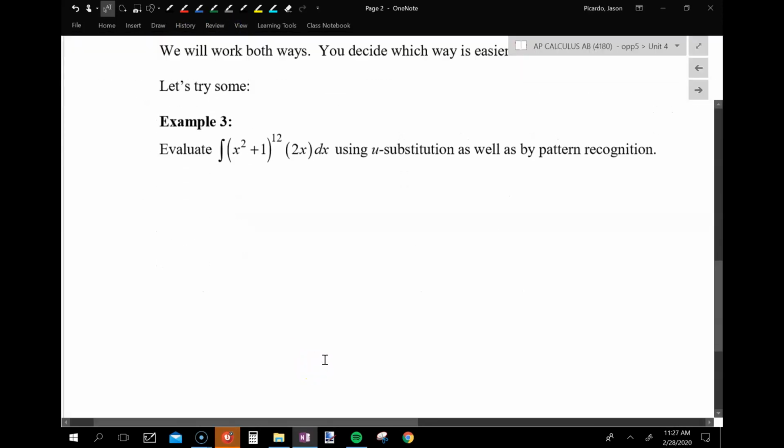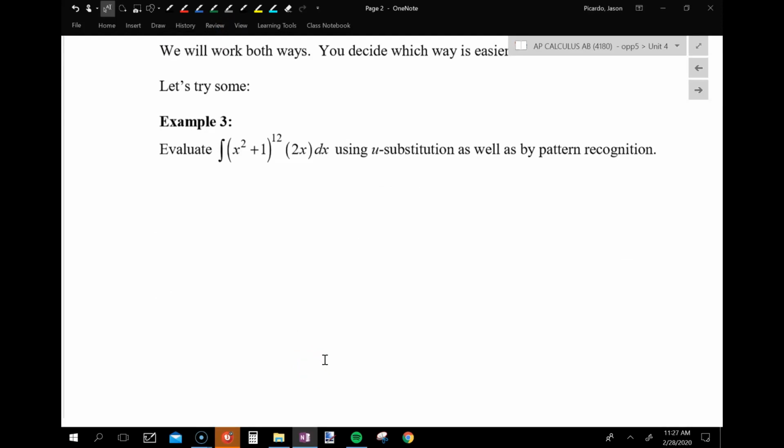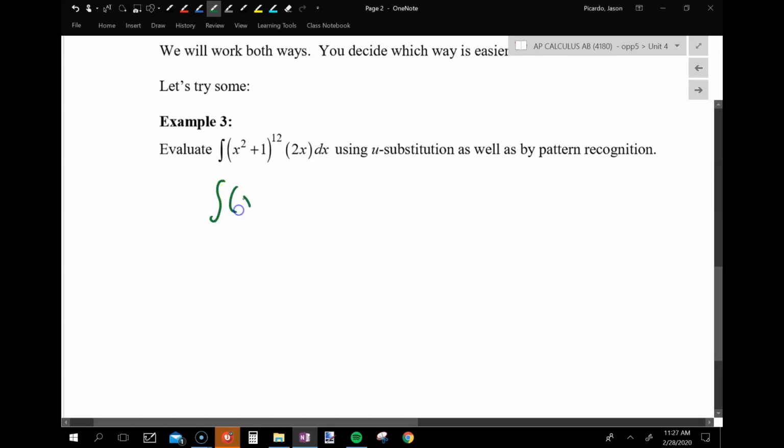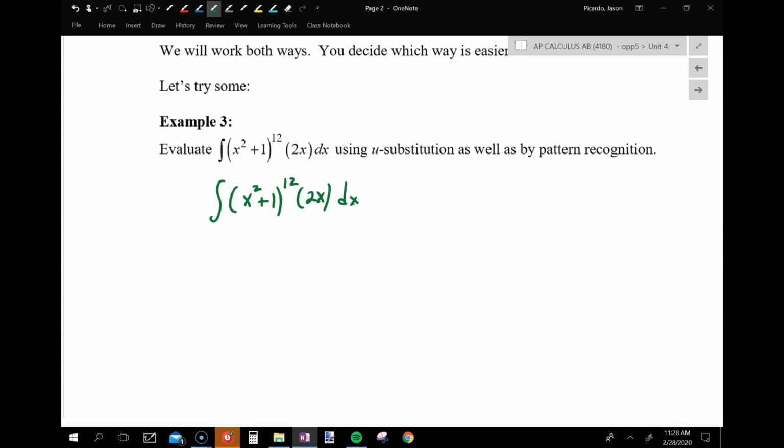All right, guys, if I look at this problem and I said, guys, I want to take an integral of this. Well, what's something that you think your original equation had in it?